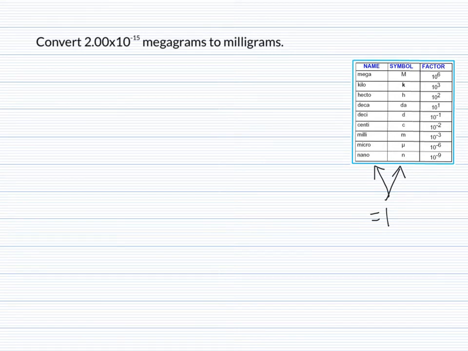The number that's given to us on the side is the value of how many base units fit into one of these. So what that means is if you have grams, meters, or liters, that is how many grams, meters, or liters fit into one of these.